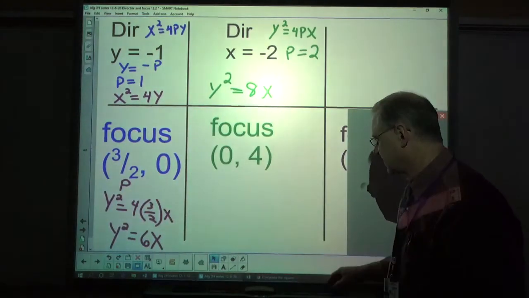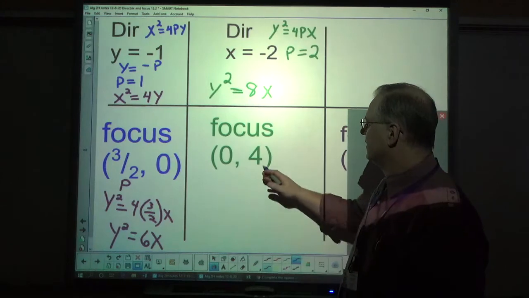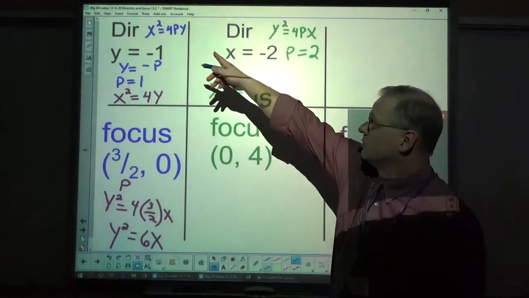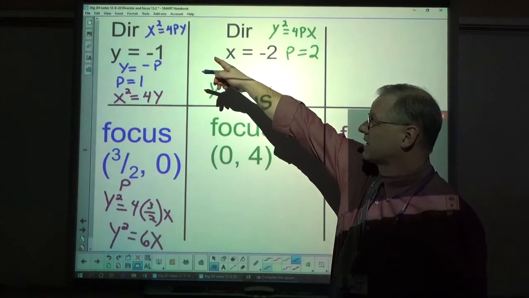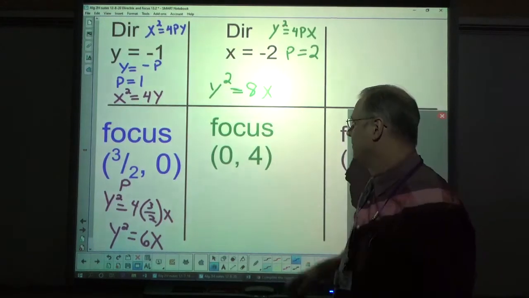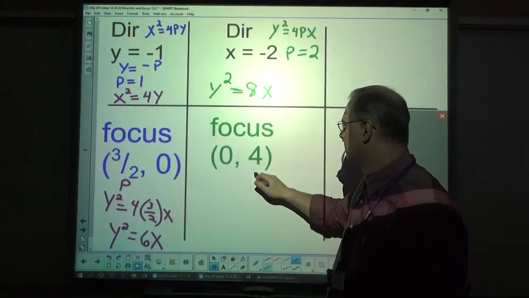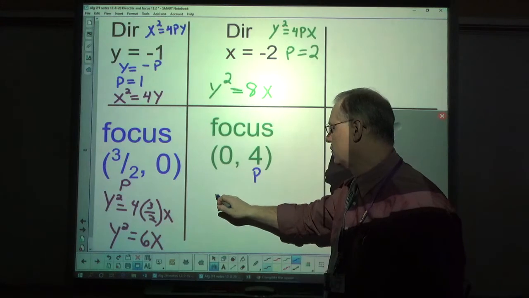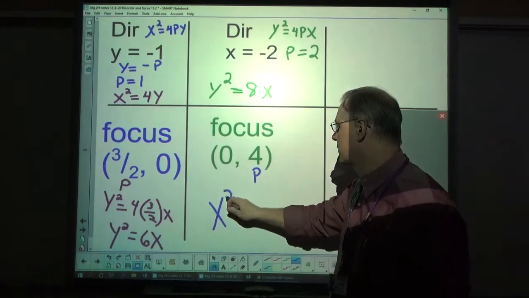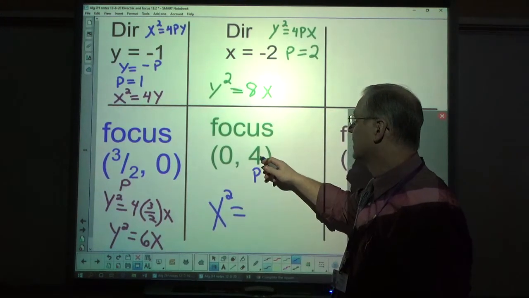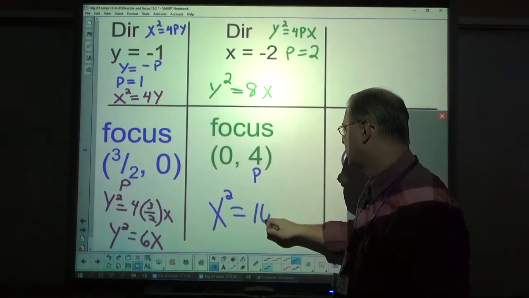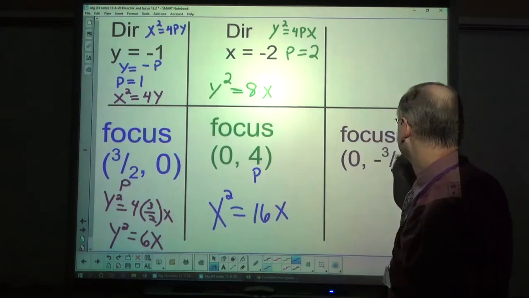In the next example, it's in the y coordinate spot, so we're using the formula x squared equals 4py. P is 4, so x squared equals 4 times 4, 16y.